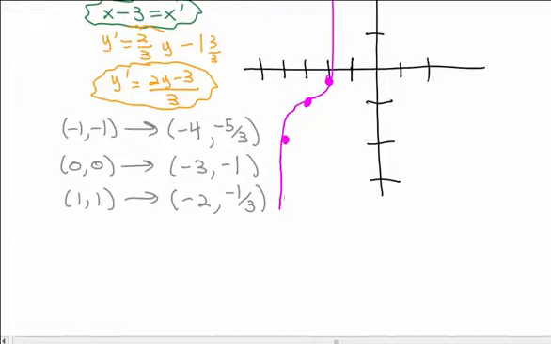Let's try another example. This example is going to be y equals 1 over (3x minus 5) plus 2. The main function here is 1 divided by the stuff. It's a reciprocal function.